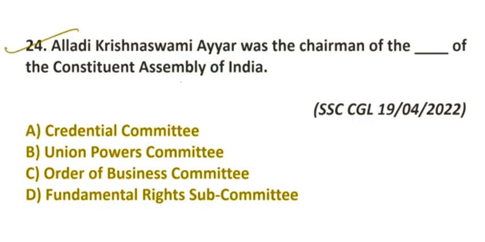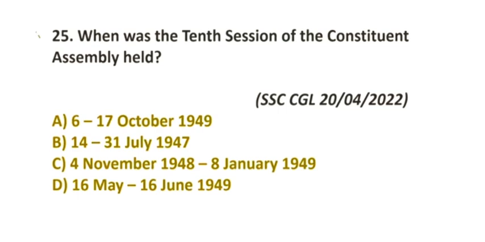24. Alladi Krishnaswami Iyer was the chairman of the dash of the Constituent Assembly of India. Option number A is the right answer, Credential Committee. 25. When was the 10th session of the Constituent Assembly held?